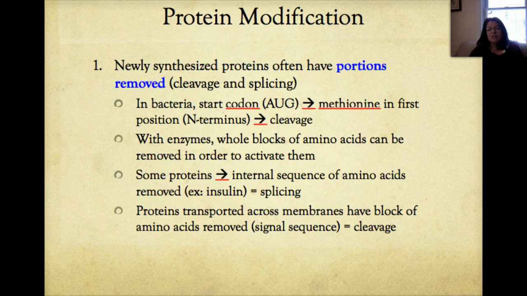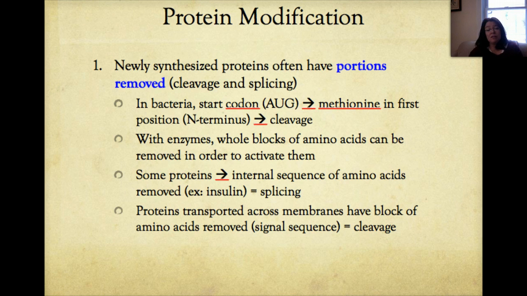So, in terms of modification, when we talk about bacteria, again, we're talking about a simpler process. And the first thing that happens in bacterial proteins is that the start codon amino acid is going to be removed. So the start codon, remember, is AUG. That's the sequence of 3 bases on the mRNA that tells the ribosome that this is the place to begin translation.